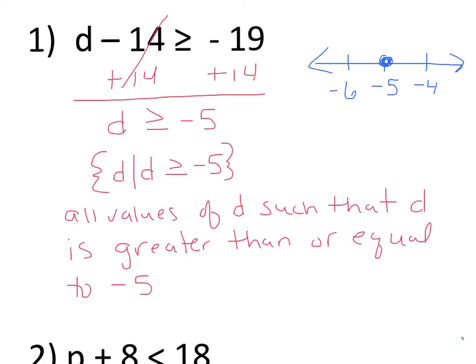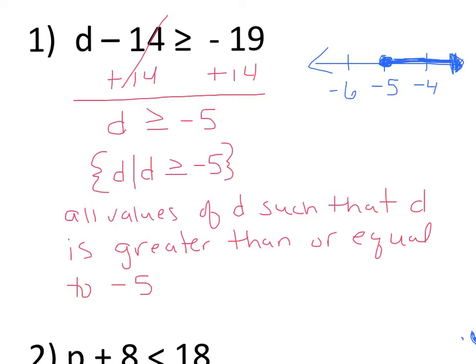So I need to fill in the circle here, at -5. And whichever way the arrow is pointing is which way you're going to go on your number line. So I'm going to shade it in this direction, and I'm even going to shade in the arrow just so we've got a good idea of what's going on here.